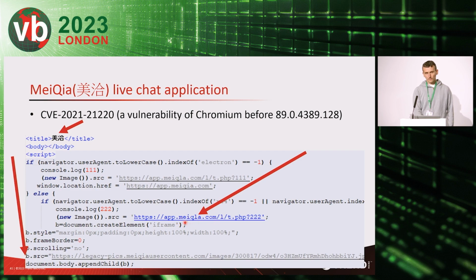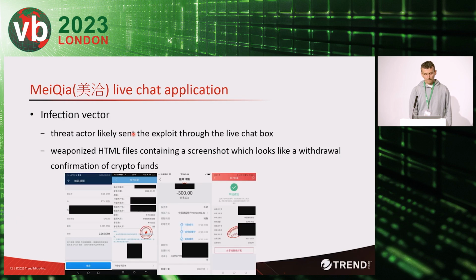You can notice here that there is the domain, but the name of the application has the letter I, and here is the letter L. So this is a typosquatting domain. And the code of this script is just running the exploit for the CVE-2021-21220 vulnerability.